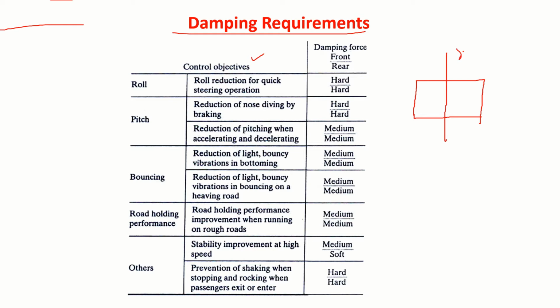This is the x-axis of the vehicle. When you steer it, this is outside, this is inside. There will be large lateral accelerations. This is steering. Then there will be load transfer like this.